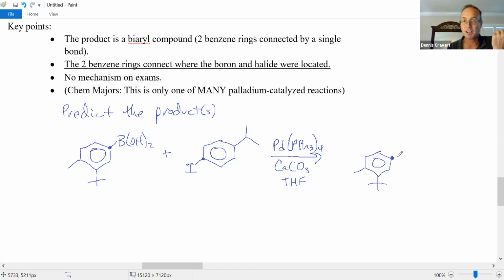And the boron used to be here. It's gone now, it's a substitution reaction. And then I got the other benzene ring where the iodide used to be here. And the isopropyl group is over there. And then just connect them together. That's your product. Very cool, huh?